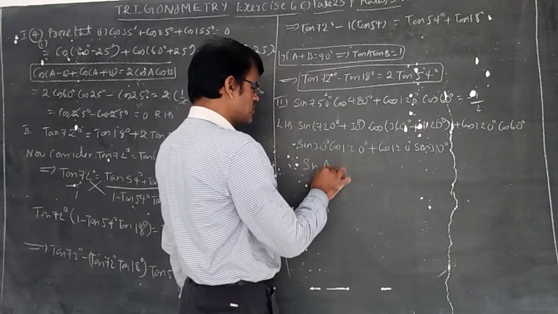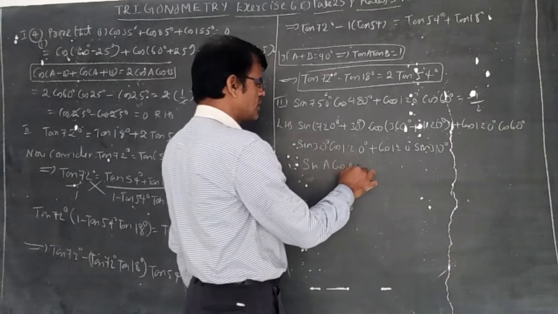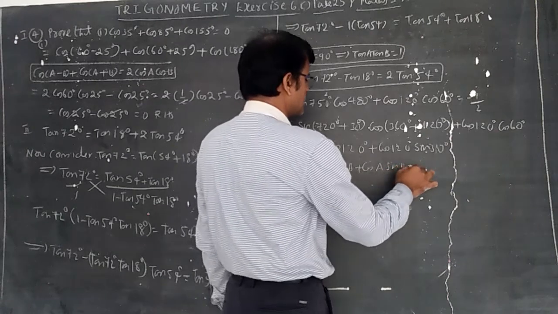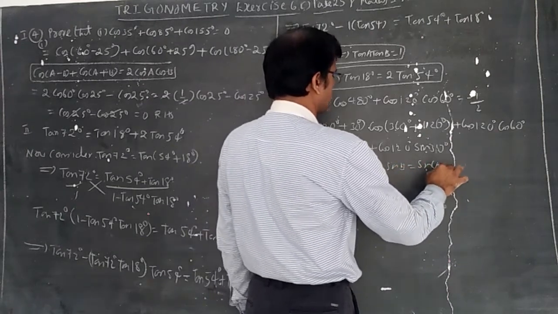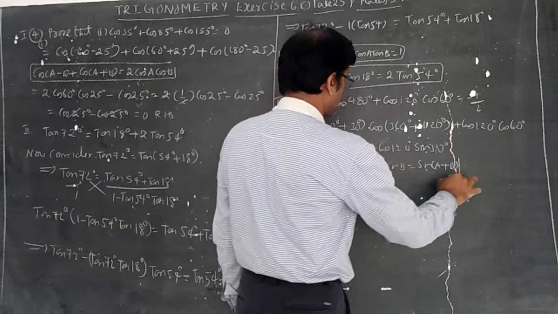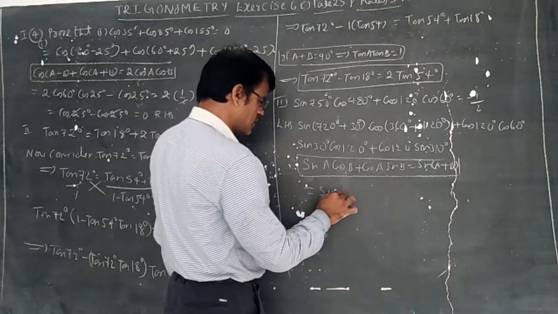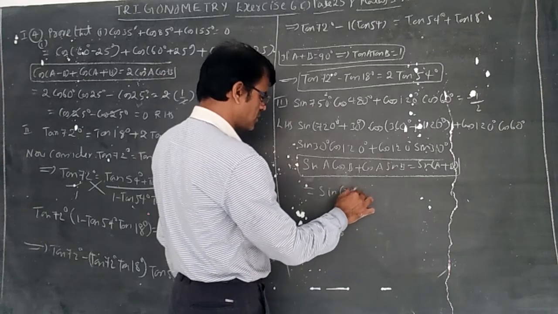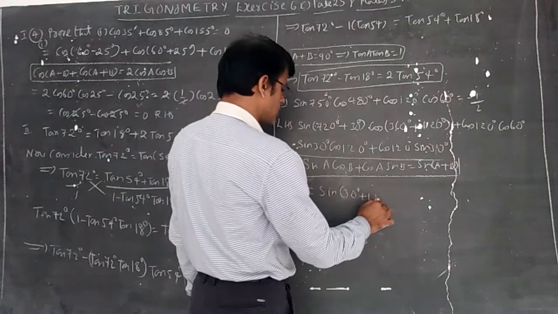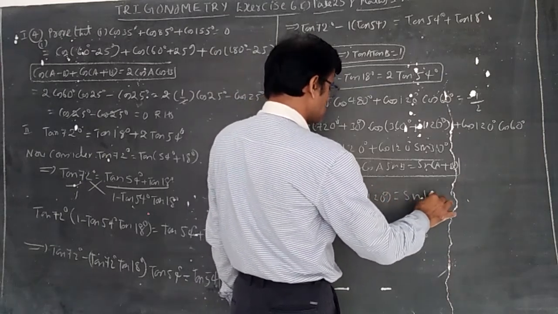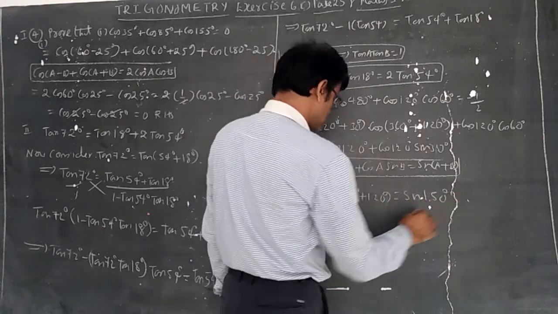Now try to understand the formula: sin A cos B plus cos A sin B is the formula for sin of A plus B. So that is equal to sin of 30 degrees plus 120 degrees. So it is sin 150 degrees.